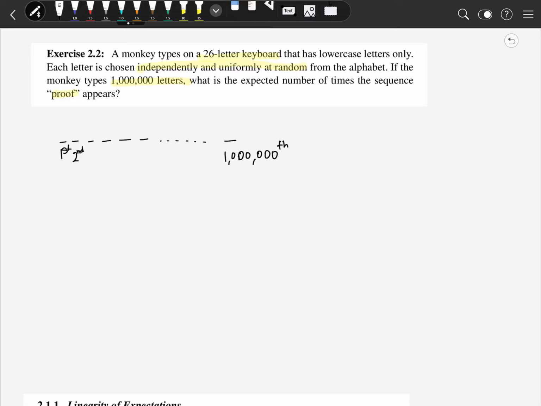There are a total of 26 to the power of 1 million combinations of letters available.